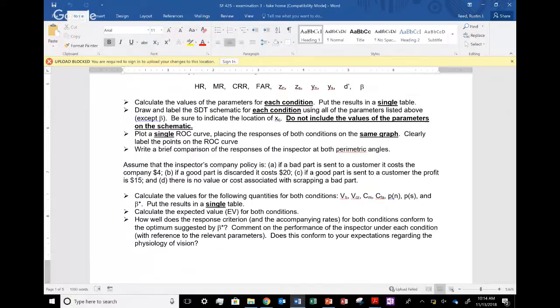Remember, with contraband on an airplane, you don't want any misses, so you don't mind having lots of false alarms. But with the semiconductors, the false alarms are really expensive, so you don't want false alarms. It's okay if you let some defects through. So that's a way to think about it.